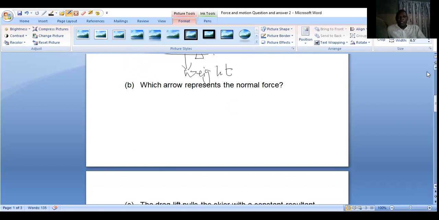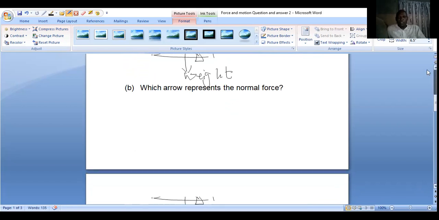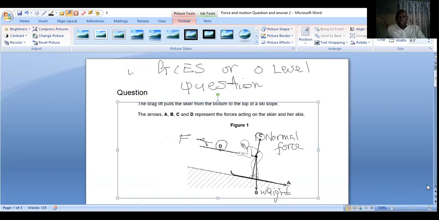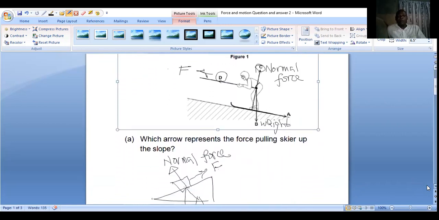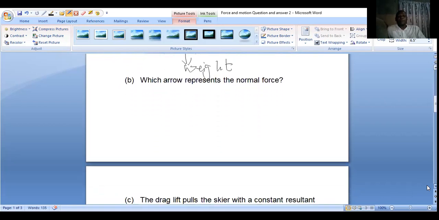The normal force here, as we have indicated, is C. C is the normal force.